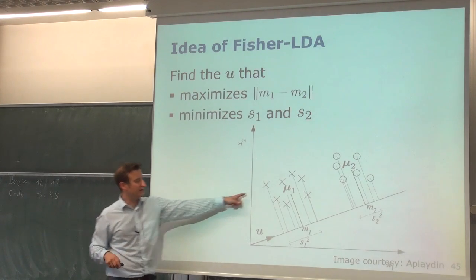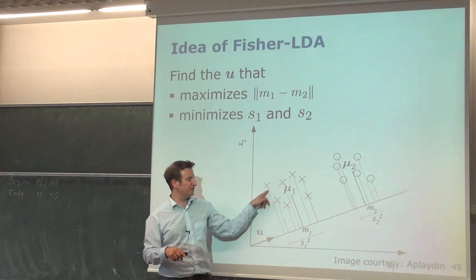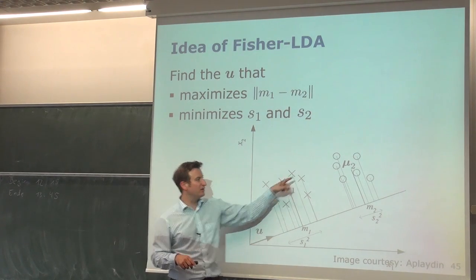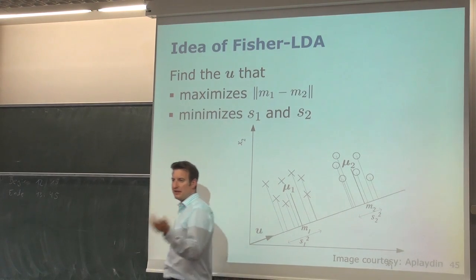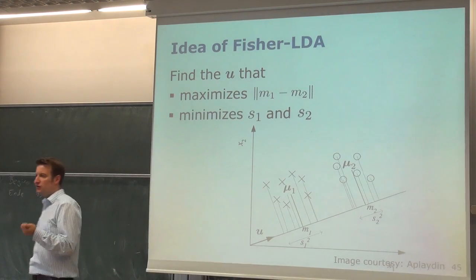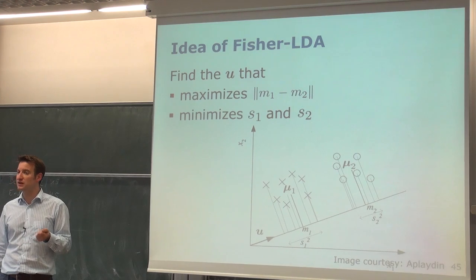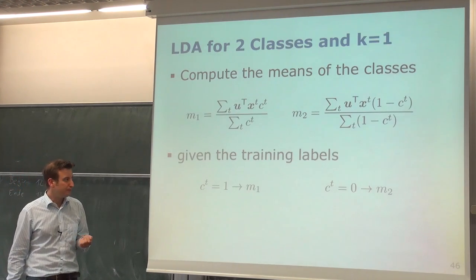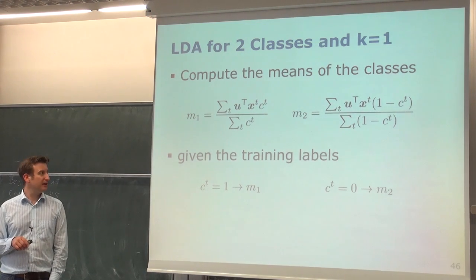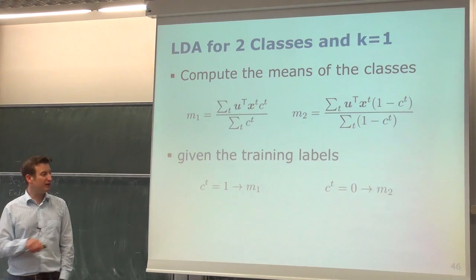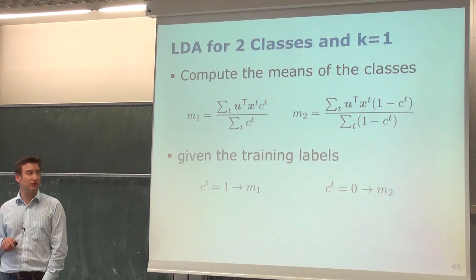So if this is class 1, all those points here would have a C equal to 1 assigned to them, and the others would have a C equal to 0 assigned to them. So this is the label, the supervised information that is in the system. If C equals 1, it means they belong to class number 1, and C equals 0 means they belong to class number 2.